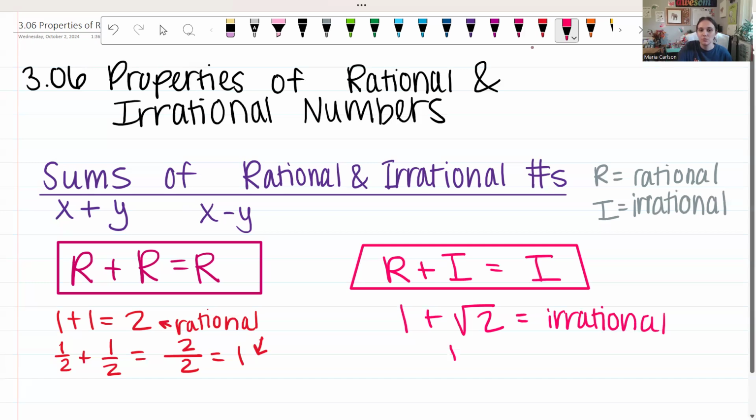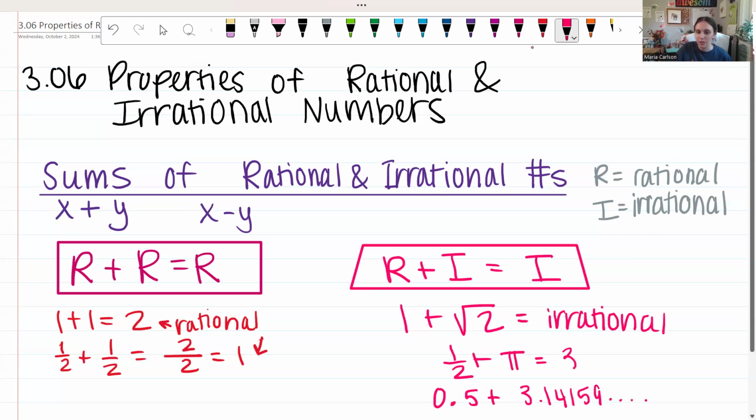Another example would be 1/2 plus pi. Pi is 3.14159. So that would be like adding on 0.5 plus this 3.14159 dot dot dot.